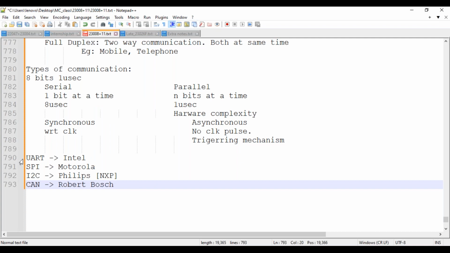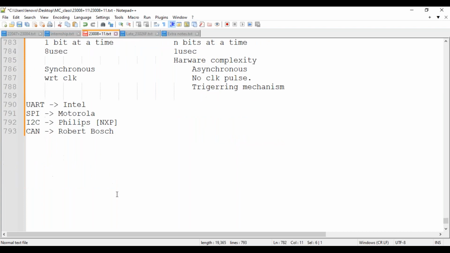So these are the communication protocols we are going to learn throughout our module. And all of these communication protocols are wired, and all of these communication protocols are serial protocols. Okay, so we are going to learn all serial communication protocols from here onwards, starting from UART.